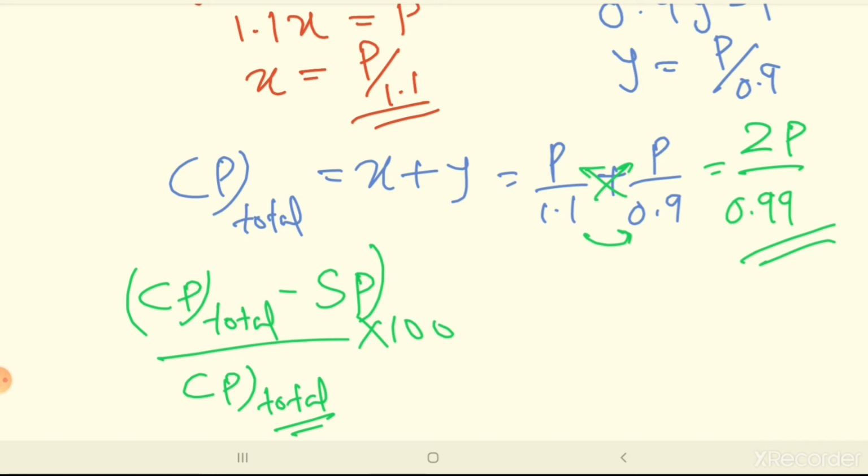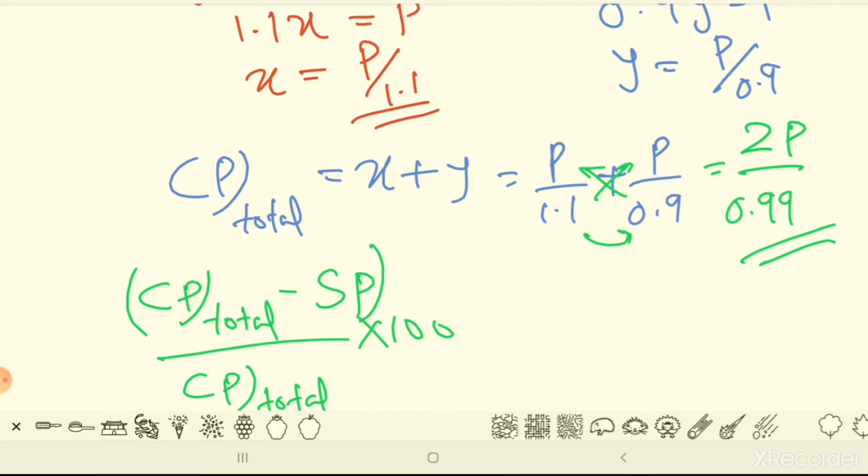So cost price minus selling price, we get what? If cost price minus selling price is greater than 0, that means he suffers a loss. If cost price is less than selling price, then he makes a profit. If cost price equal to selling price, then he neither made profit nor suffers loss.